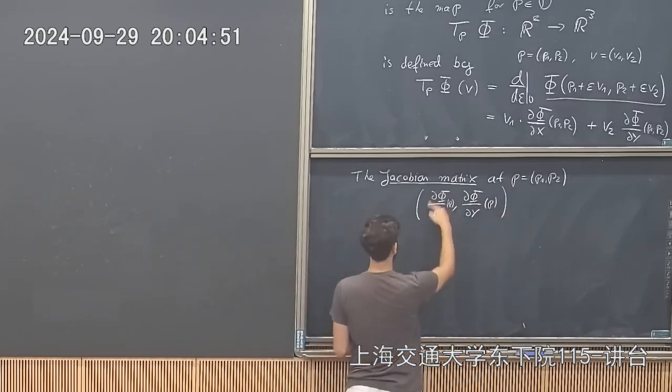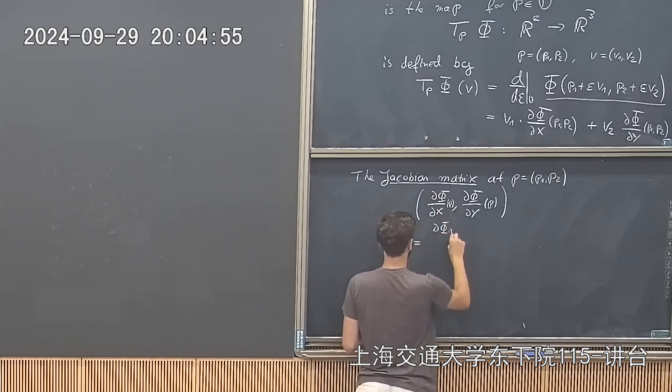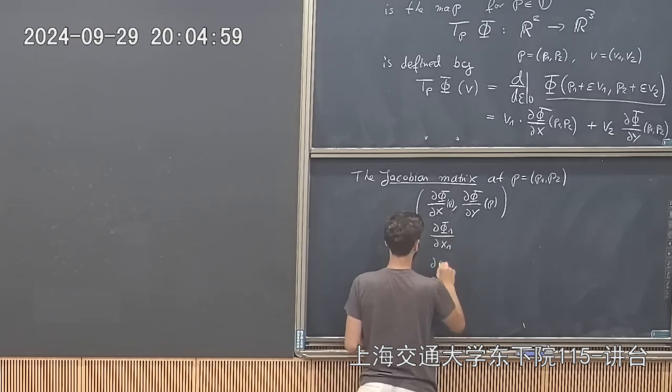So this is really like a vector, right? So it's really V1 dx1 times V2 dx1.